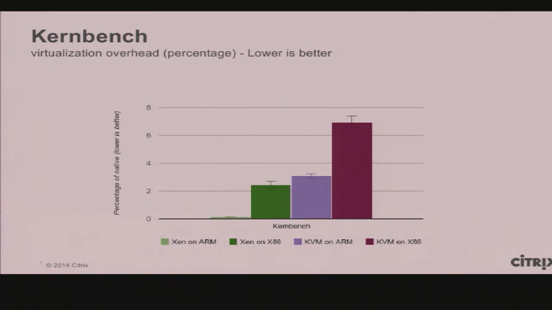I think that the context switch between the guest and hypervisor is less expensive on ARM. And so this is why on CPU or memory benchmarks, ARM has a lower overhead. So Xen on ARM will have a lower overhead than Xen on x86.